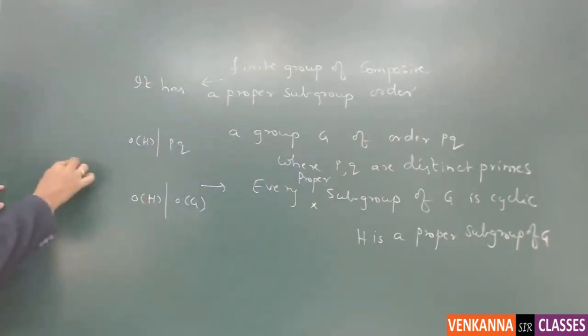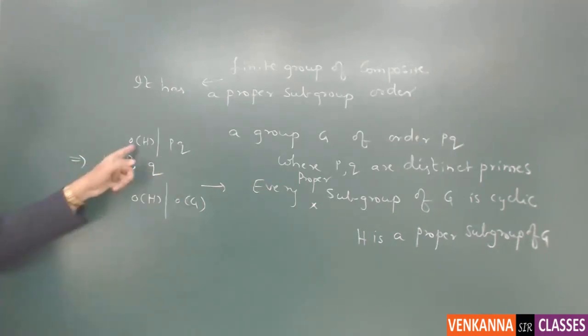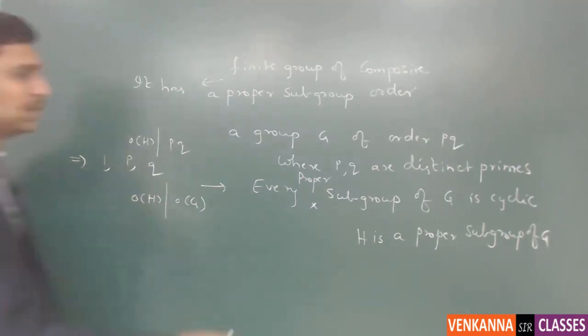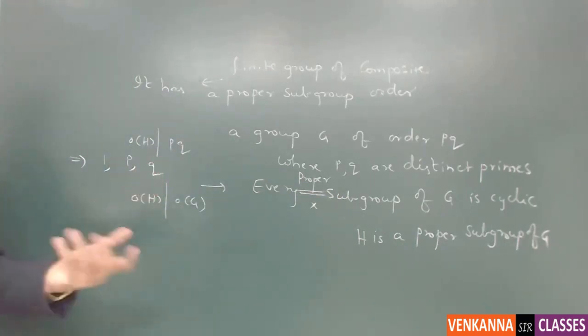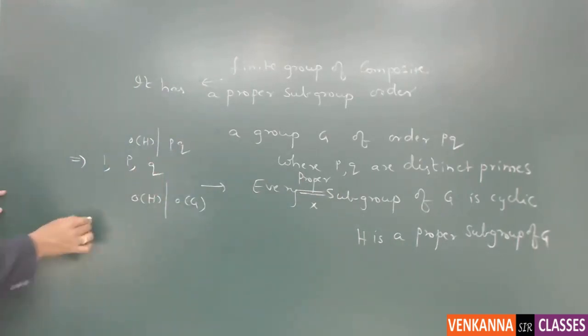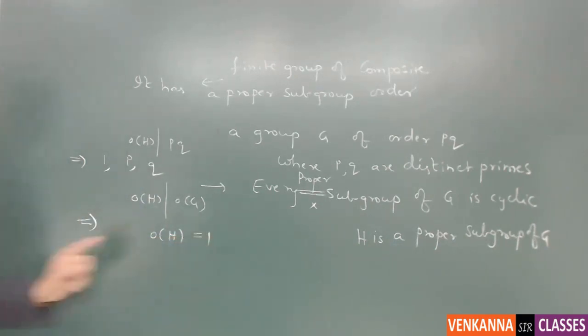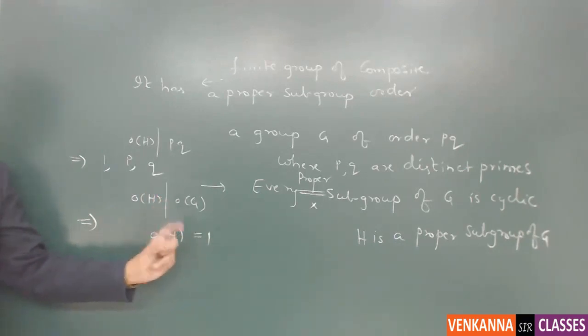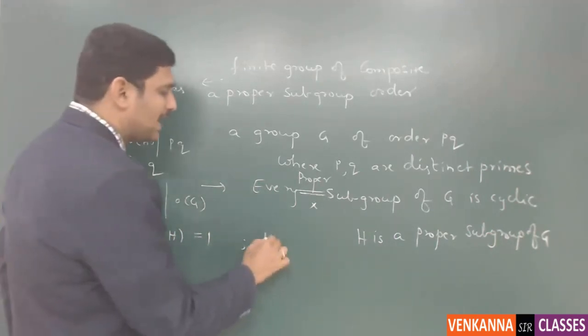So order of H must be either 1 or P or Q. It cannot be PQ because we have taken a proper subgroup, so H is not equal to the whole group G. If order of H equals 1, H contains only one element, the trivial group with the identity.